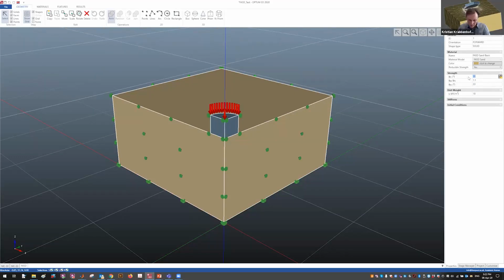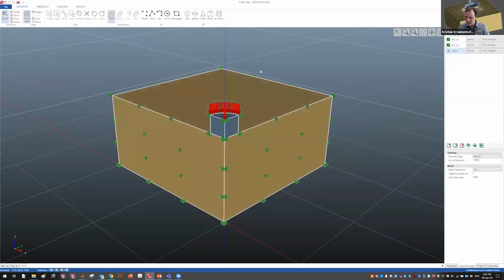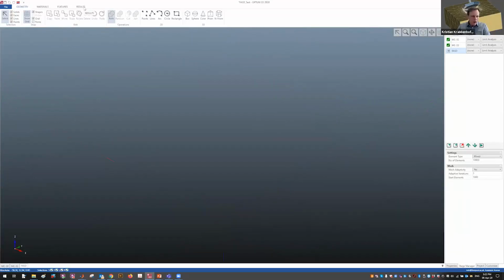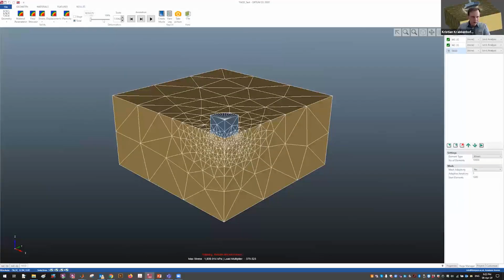We can just try if we put, say, 35 here and then 1.12. Well, then this one is not editable. It's just a verification that the number is reasonable. Now, the results are not really too surprising. We can look at some shear dissipation, and this is how it looks.